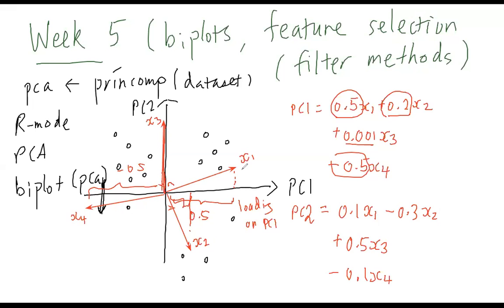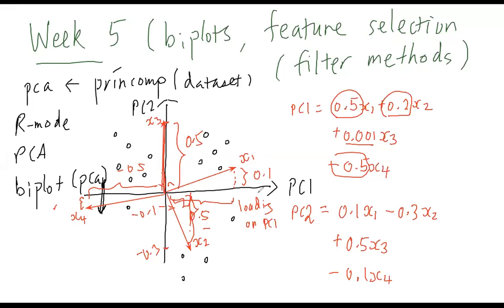So you can see that this height here is 0.1, the value here is minus 0.3, then 0.5 up to here, and minus 0.1 over here.